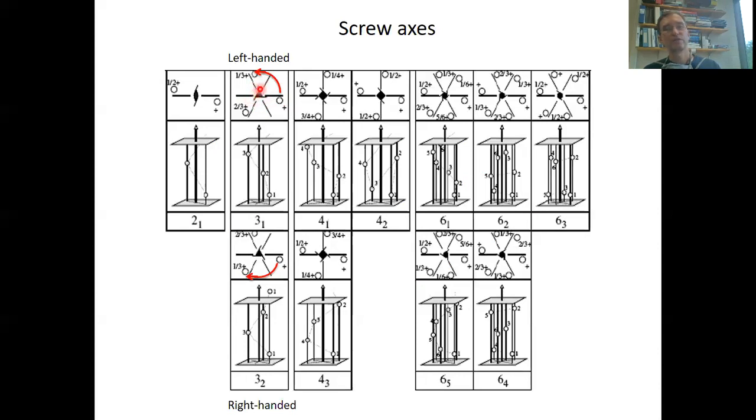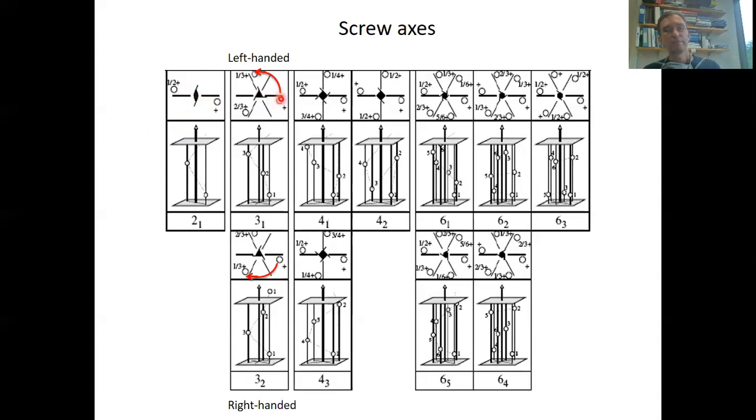You see it's a triangle that has propellers. And the propeller is left-handed, indicating the 3-1 screw axis. By the way, for the 2-1 here, the symbol would be this one here. So this would indicate a twofold propeller.